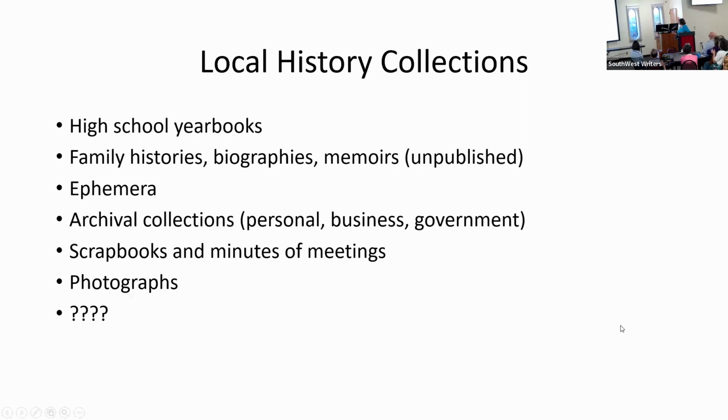The last category, well, next to the last, are your local history collections. That's where you get your high school yearbooks. And yes, the Albuquerque Public Library Special Collection, Main, not special, Main genealogy collection has gone back as far as you can think. And you can get all kinds of stuff.